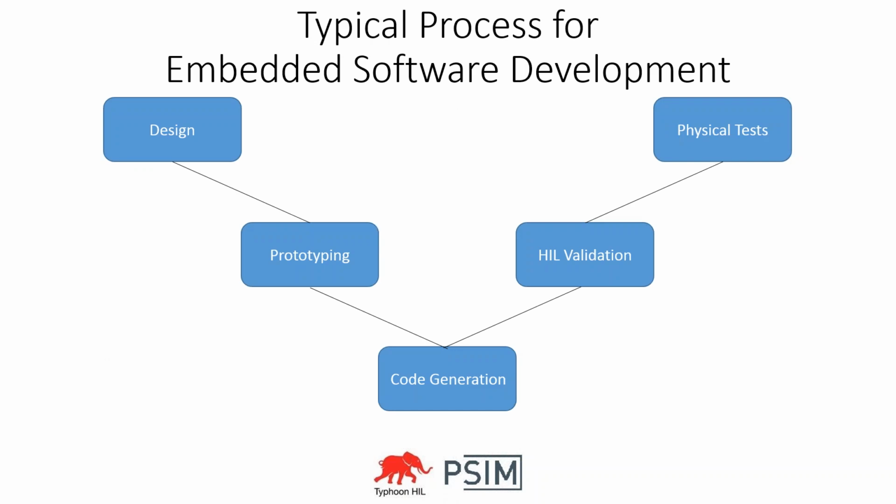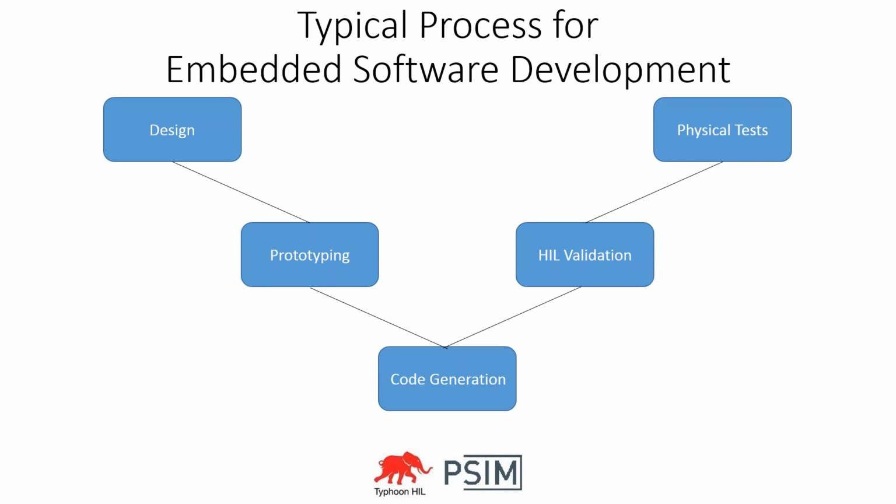So we have a typical process here for embedded software development. This may look pretty familiar to some of you. It follows a model of verification and validation, where we start with the design. You move to prototyping. The design would be, say, in an offline simulator. The prototyping of your code would be on a prototype hardware platform. In this case, we're actually going to be using a TI development platform, and that's where you'll be testing your code.